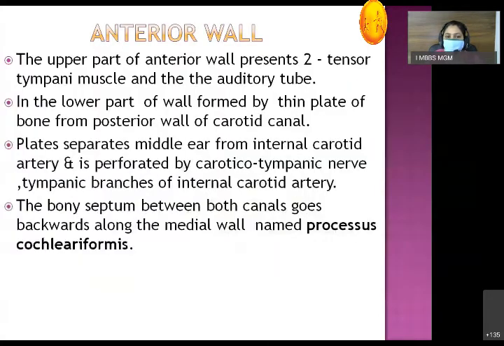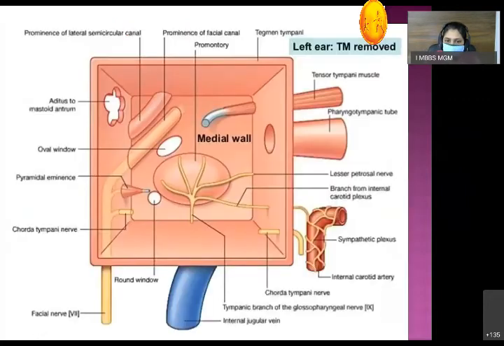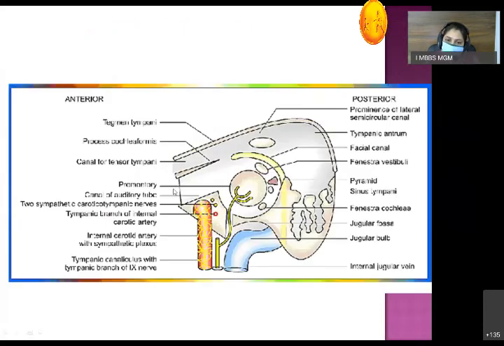Now, there is a bony septum present between the two canals, that is the auditory tube and the canal for the tensor tympani muscle. This septum is called the processus cochleariformis.